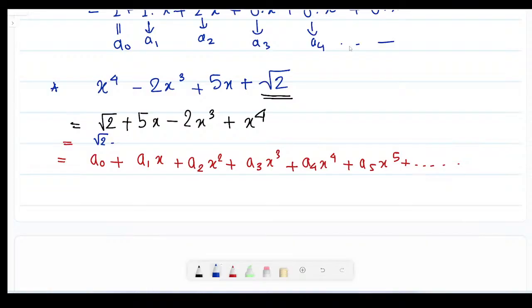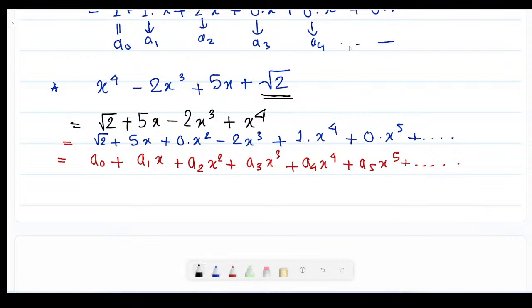So this is our root over 2, 5x. There is no x to the power 2 term, so we write 0 into x to the power 2 minus 2 into x to the power 3 plus 1 into x to the power 4 plus 0 into x to the power 5 and so on. Other parts are all 0.